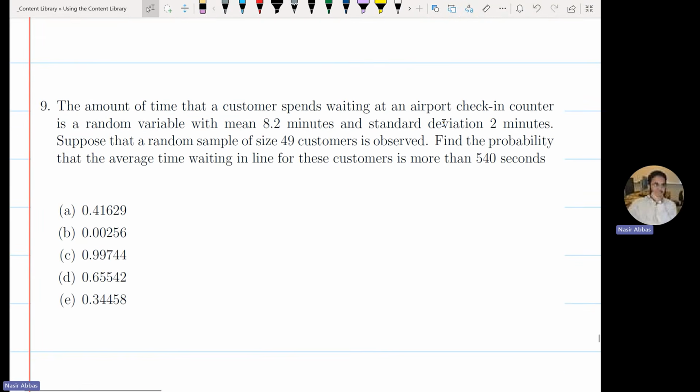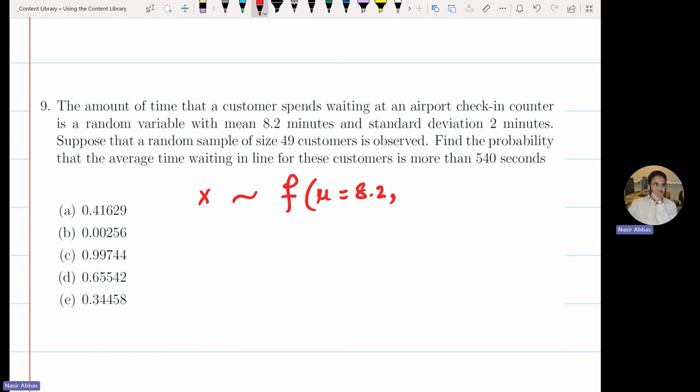Question 9. The amount of time that a customer spends waiting at the airport check-in counter is a random variable. Distribution is not given to you. Is a random variable. Some distribution. And what is the mean of that distribution? 8.2.